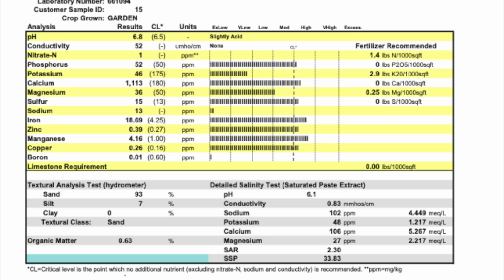Calcium should be 6 to 10 times higher than your magnesium reading. Magnesium to potassium should be a ratio of 2 to 1. That's kind of what we look for.